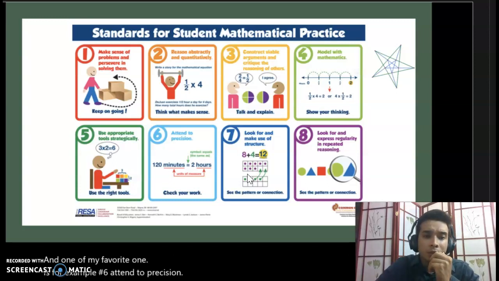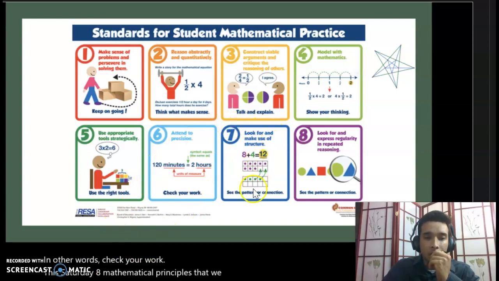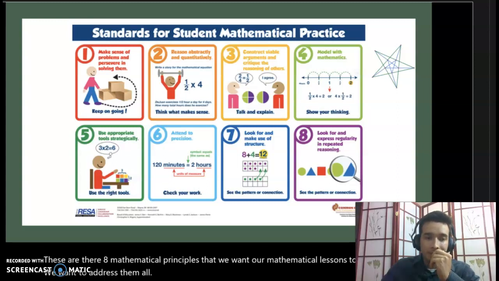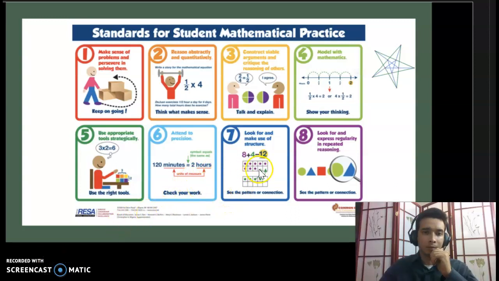In other words, check your work. These are the 8 mathematical principles that we want our mathematical lessons to have. We want to address them all, but I think it's easier to say than to achieve.